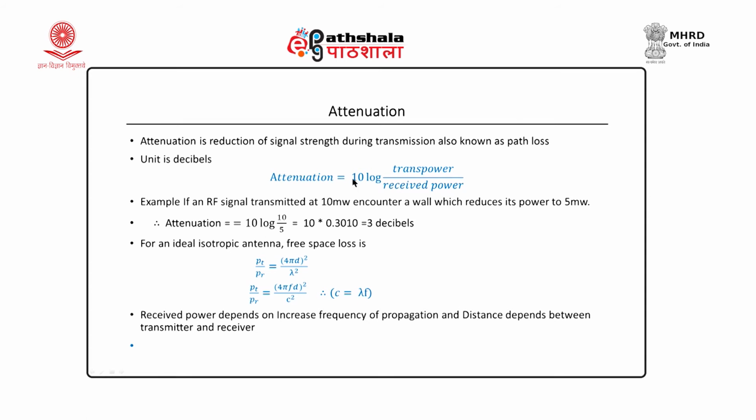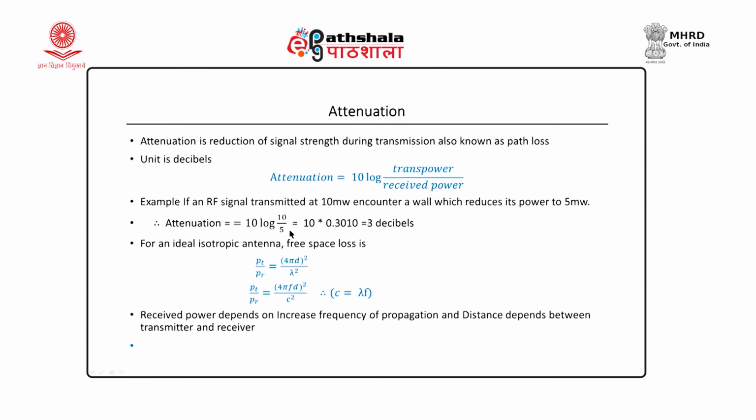The formula for the attenuation is 10 log of the ratio of transmitting power and the receiving power. Whatever you have transmitted and whatever you have received, you take the ratio of that and then take the 10 log of that, and you will get the attenuation.